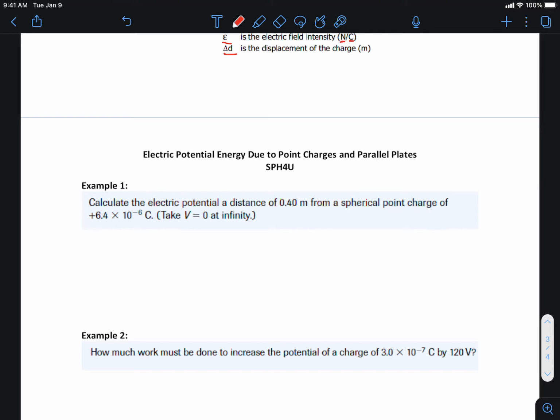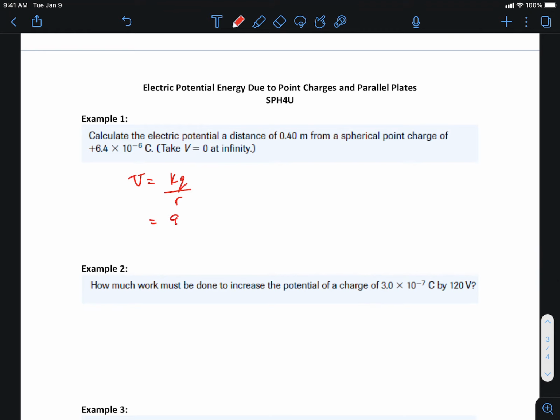I'm looking for the electric potential, V. Sometimes I like to denote the potential differently from something that might look like a velocity. So the potential is V = kQ over r. We just plug in our information.